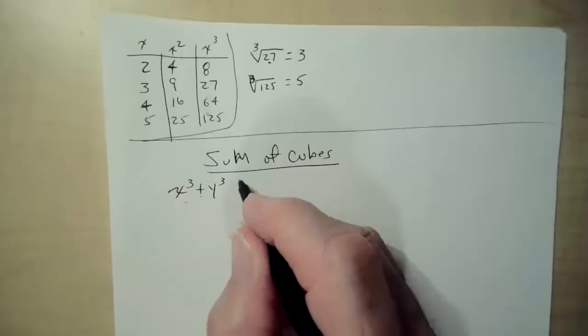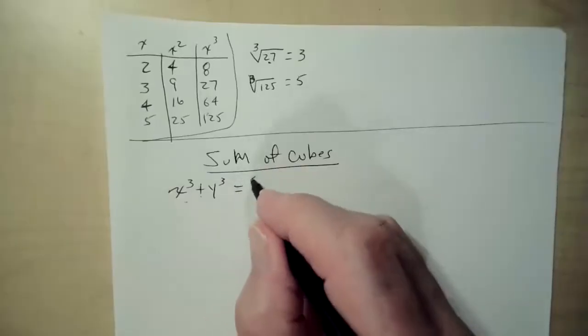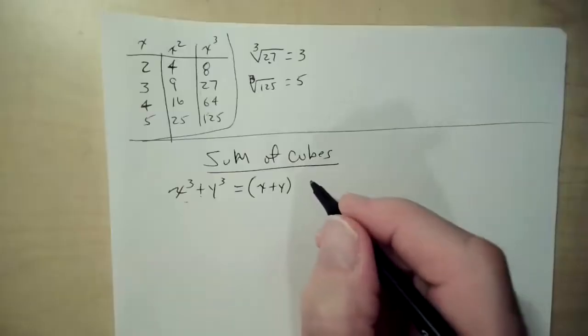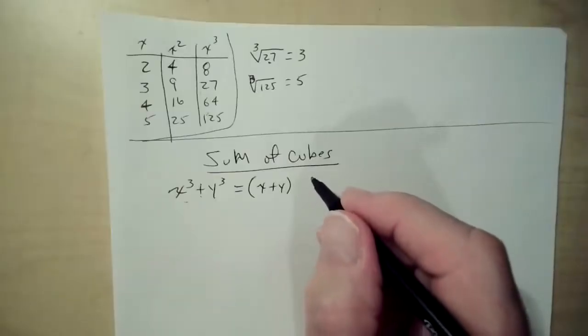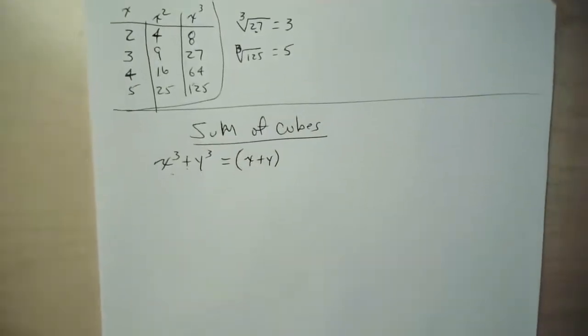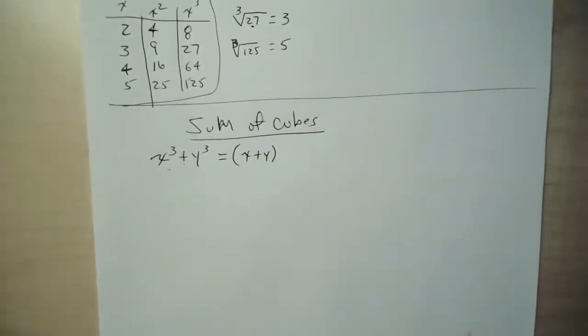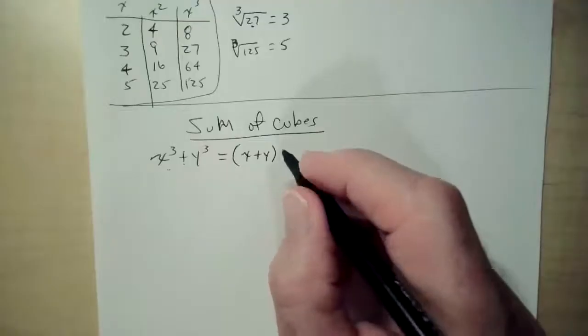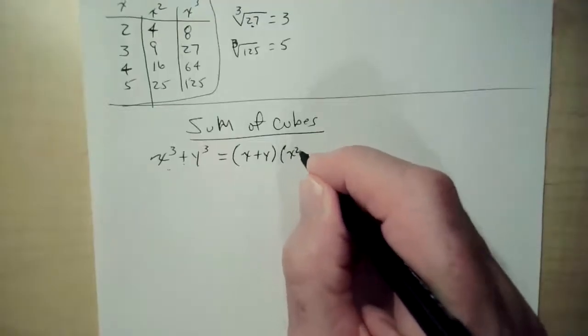This is the sum of. We're adding these together, and these are cubes. And here's the formula for that. It's x plus, this is going to look horrible. When you look at it, you think, holy crap, I can't do this. It's really very simple. I promise you it really is. Once you do a couple of them, you think, that boy's stupid.